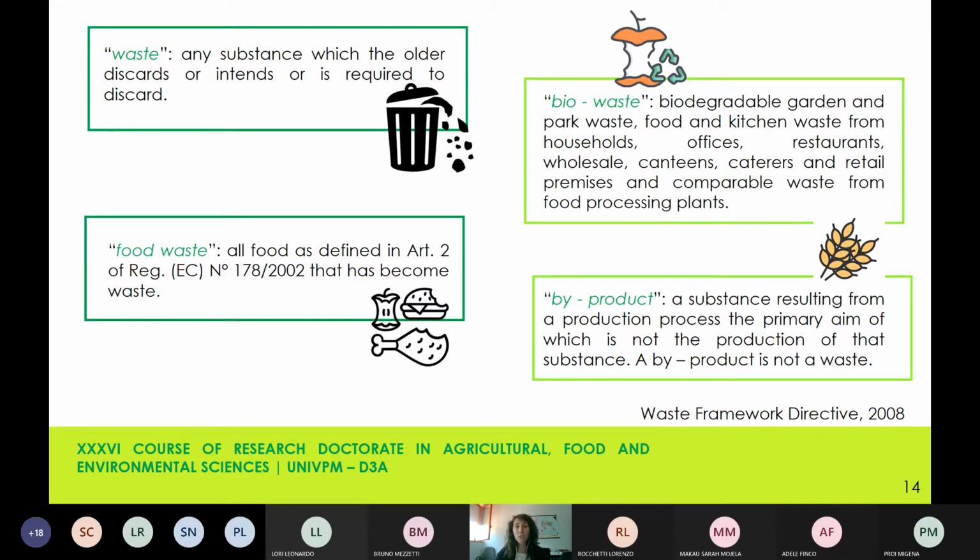But during the transformation, we also obtain whey. Whey is not a waste because it has a further processing to produce ricotta. So a byproduct is something intermediate: it is not the primary product, but it is also not a waste.